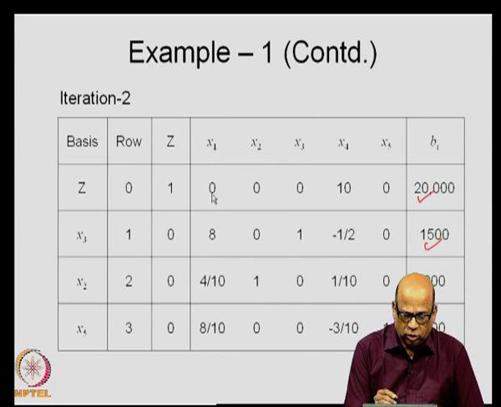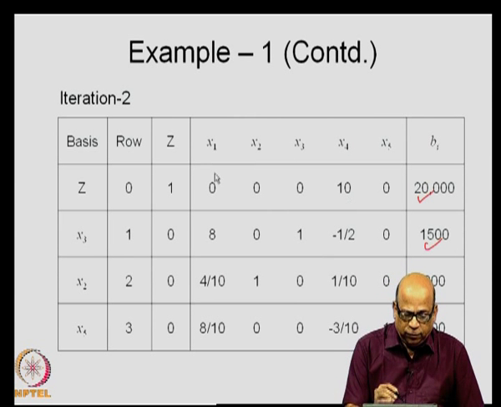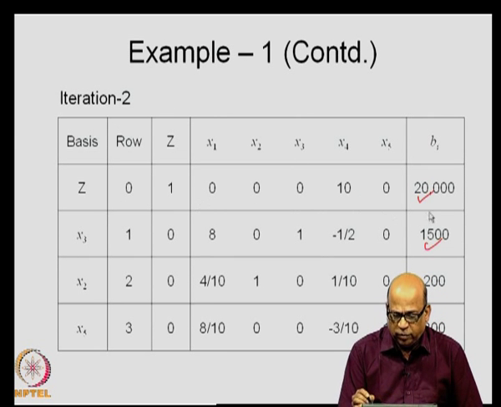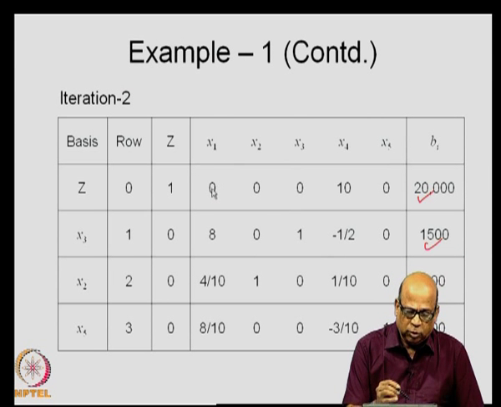X 1 has a coefficient of 0, x 4 has a coefficient of 10. If any currently non-basic variable has a coefficient of 0 in the z row in the last iteration, this is the last iteration because you have hit the optimal solution, then it indicates that multiple solutions are possible.